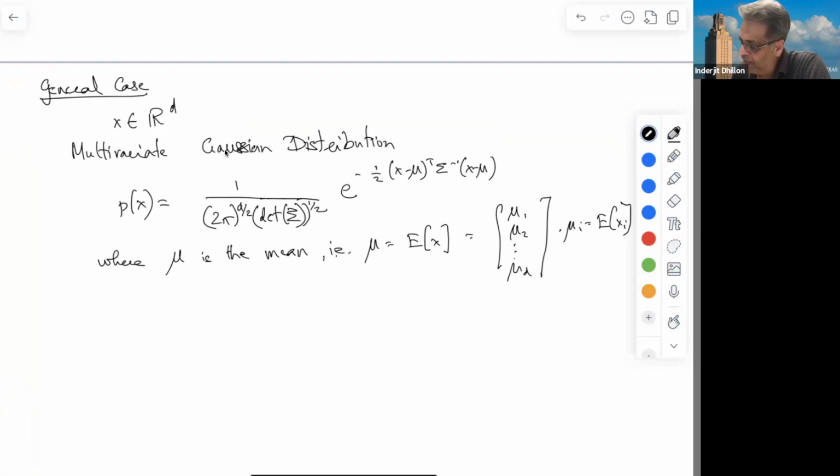But my matrix sigma, remember earlier it was the diagonal matrix with variances on it, in general will be the covariance matrix.